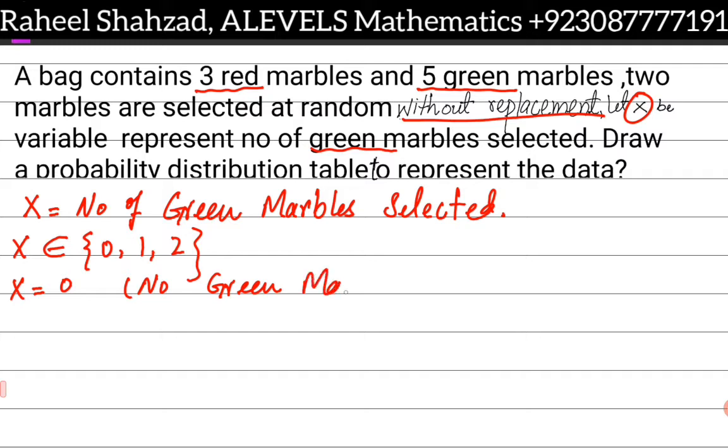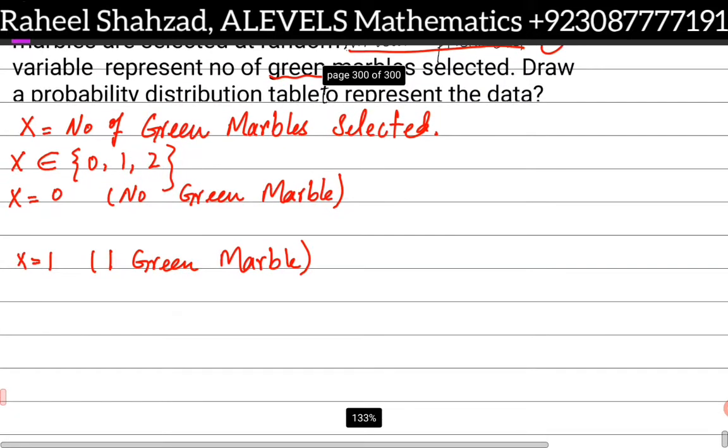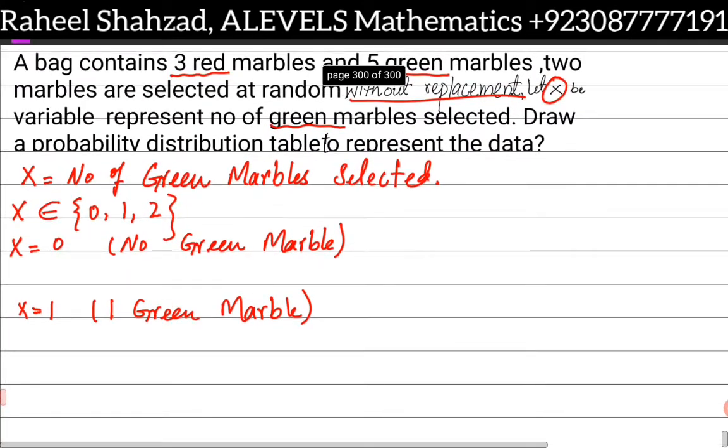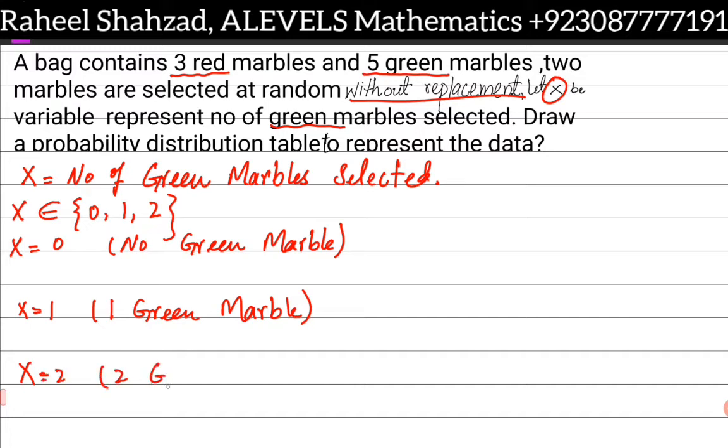X is equal to 1 will be 1 green marble selected out of 2, and X is equal to 2 will represent 2 green marbles selected.